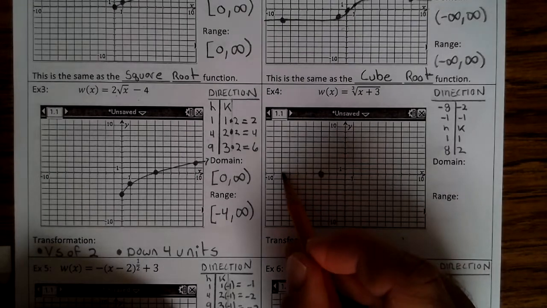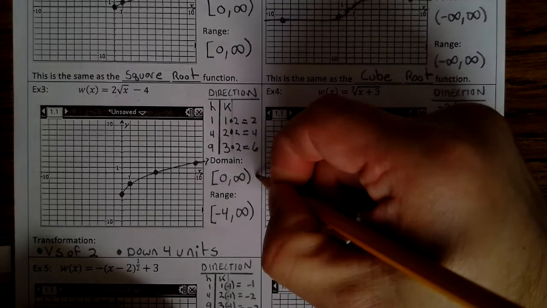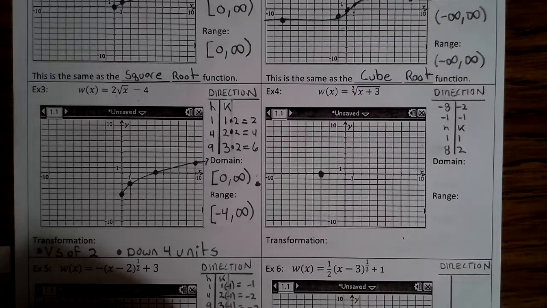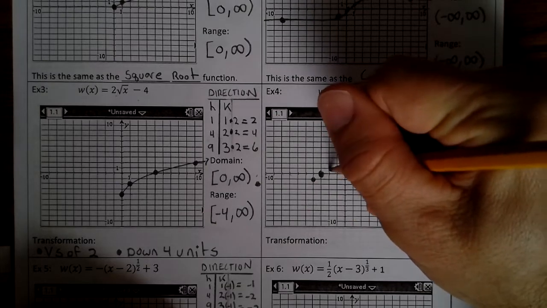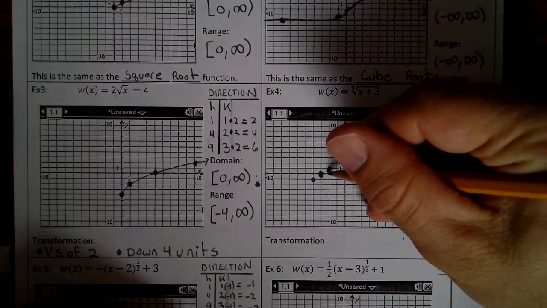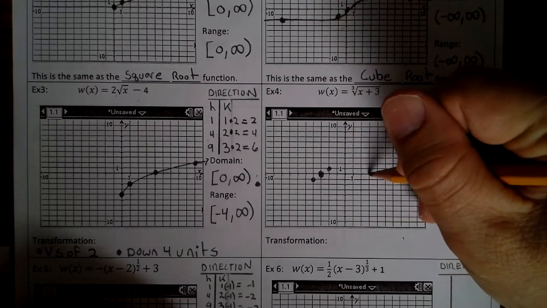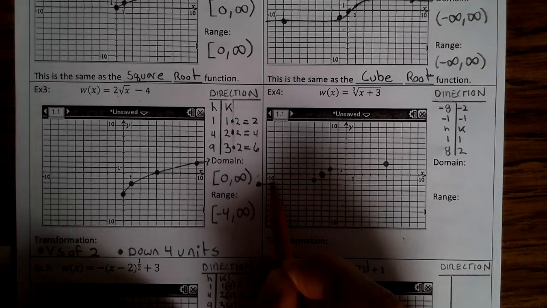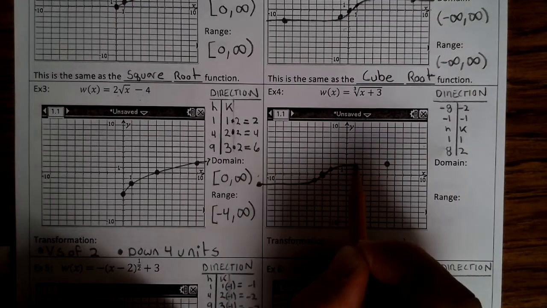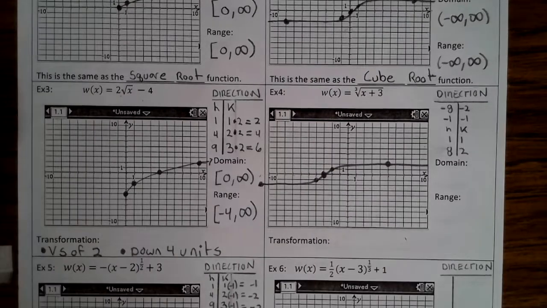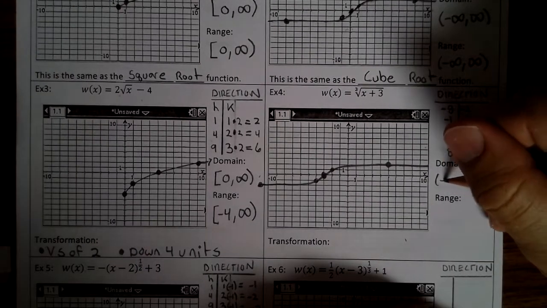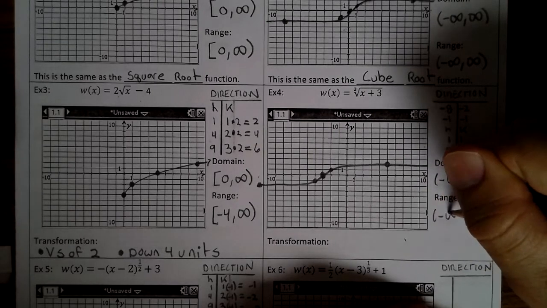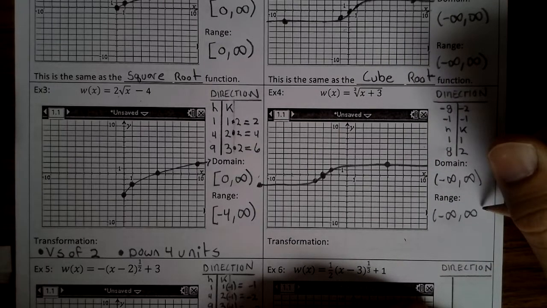Then left 1, down 1, right 1, up 1, then right 8, up 2. Real simple, for cube roots, domain and range are always -infinity to +infinity. And we only have one transformation, that's left 3 units.